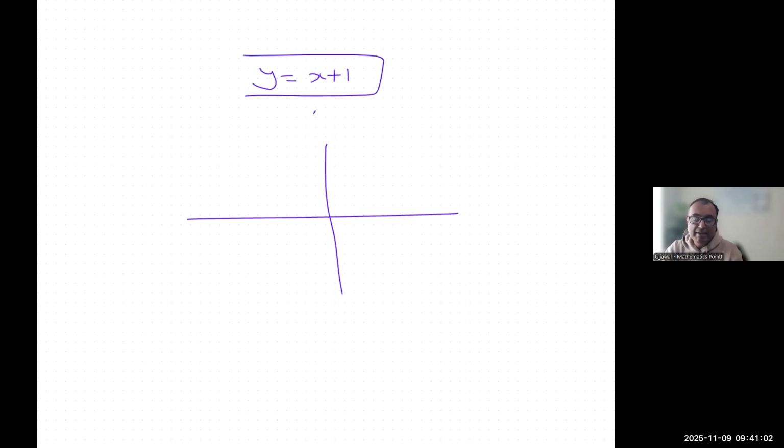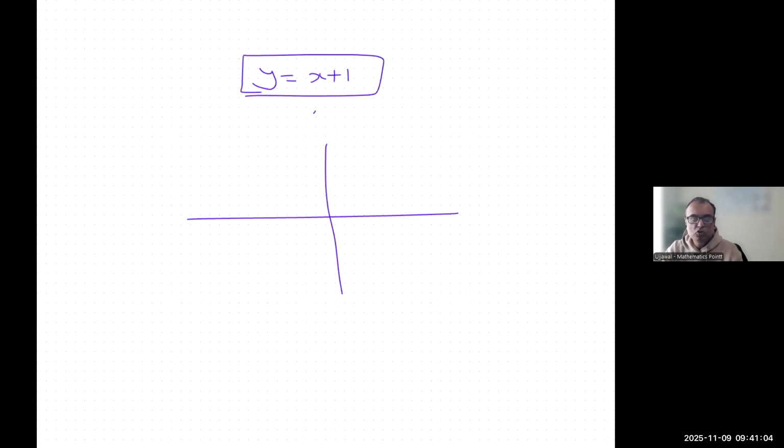All right. Now, I have a rule: y equals x plus 1. Let us try to represent this rule graphically.